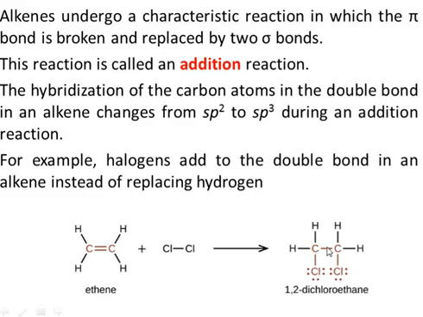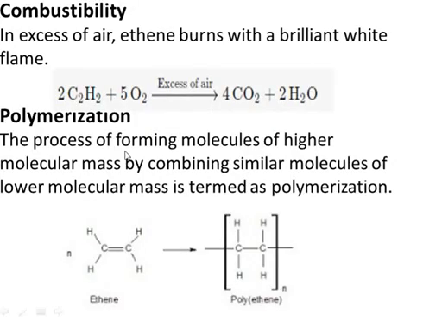So in addition reaction, the hybridization of carbon changes. Here the hybridization is sp2, but in addition, this results in formation of sp3 hybrid orbitals, right? In substitution reaction, there is no change in hybridization, but in case of addition reaction, there is a change in hybridization.